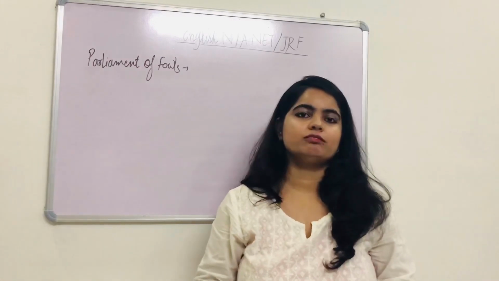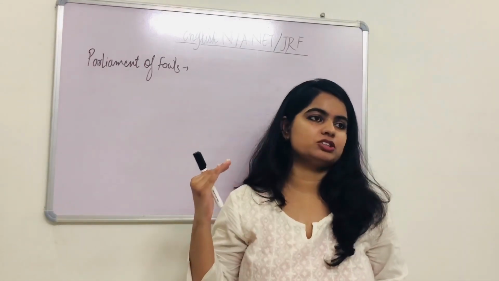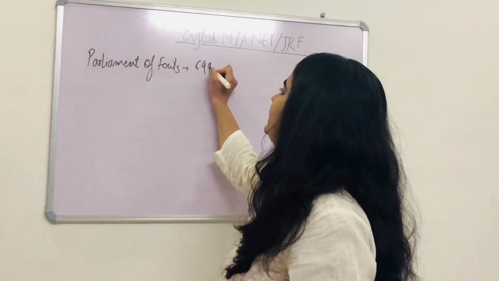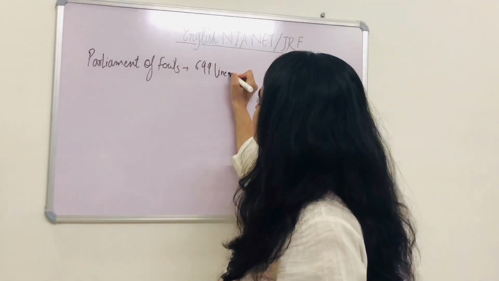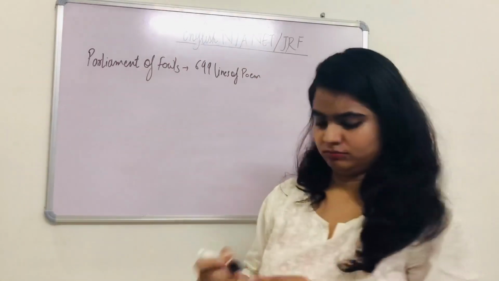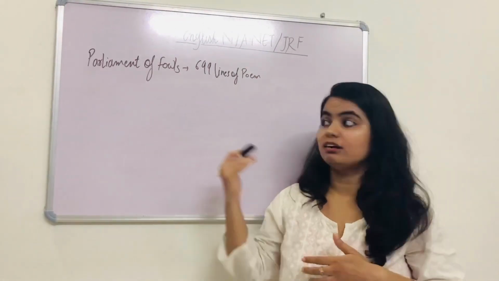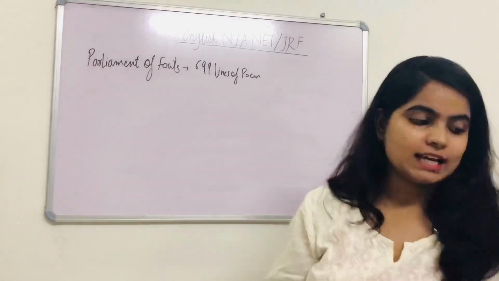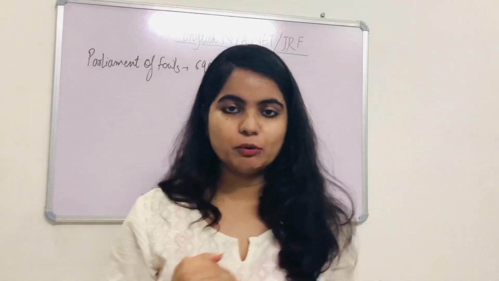It's the shortest poem, you can say. It has 699 lines, comparatively shorter than the earlier poems which I have read, right? So Parliament of Fowls has 699 lines inside the poem.